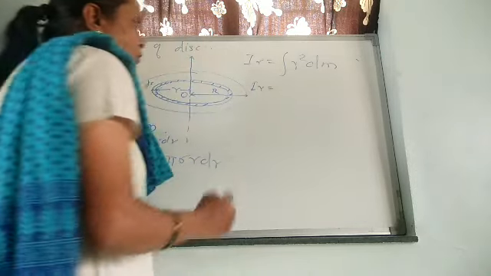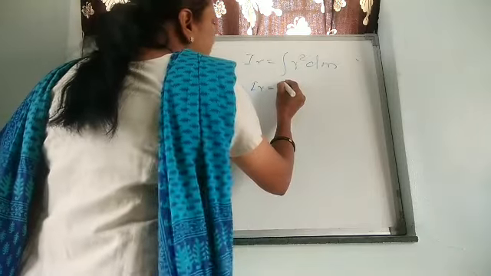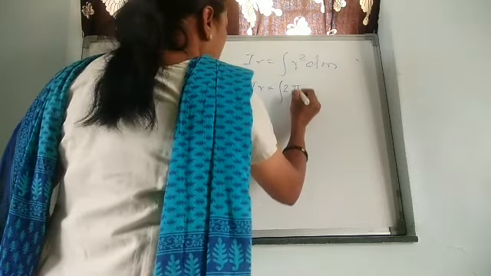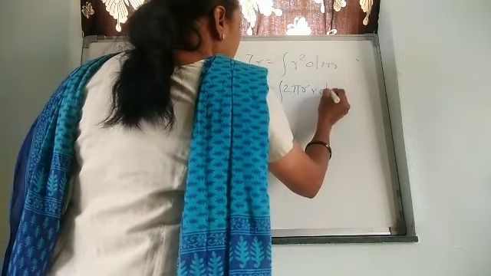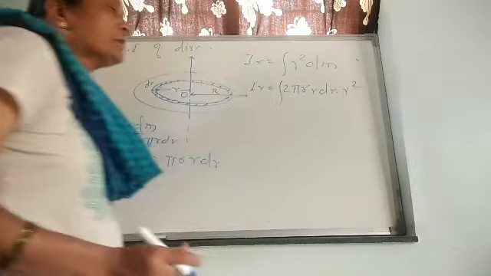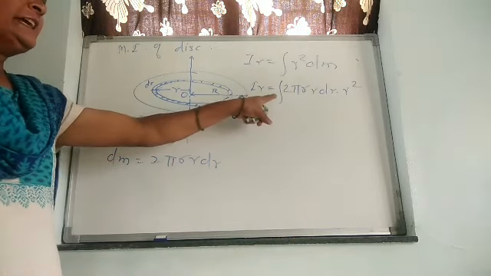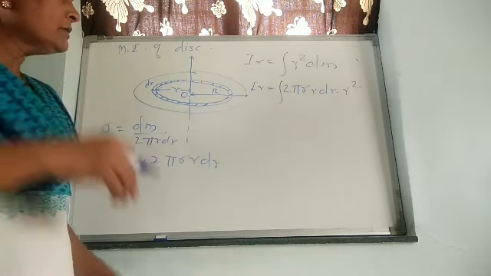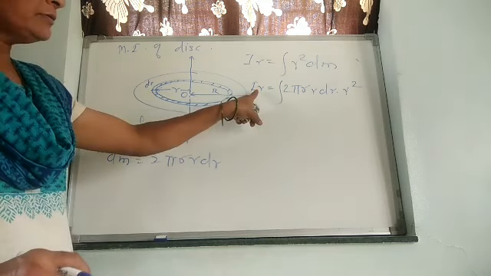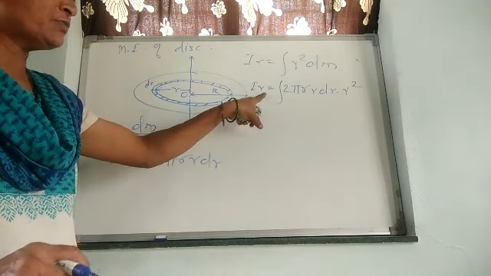Then I_R is equal to r square dm, that is 2 pi sigma r dr into r square. If we integrate this equation, then we can find the moment of inertia of this small ring.